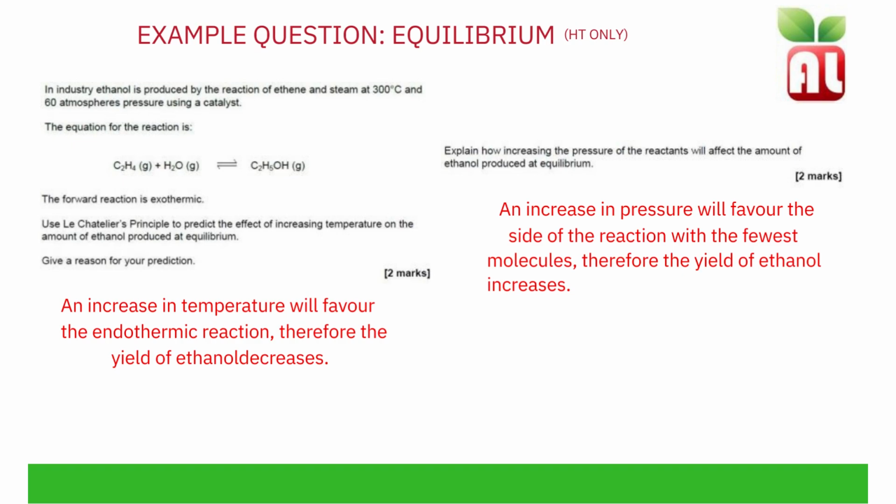As there is an increase in pressure, the system will try and decrease the pressure by favouring the side that is at the lowest pressure, the side with the fewest molecules. Therefore, the side with the fewest molecules is the product side, the forward reaction. Therefore, more ethanol will be produced. The yield of ethanol increases.